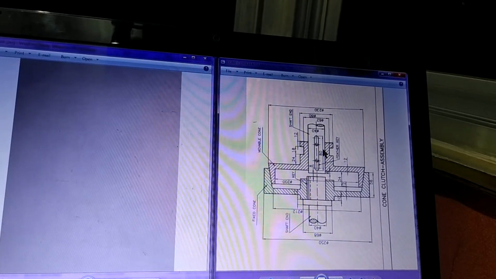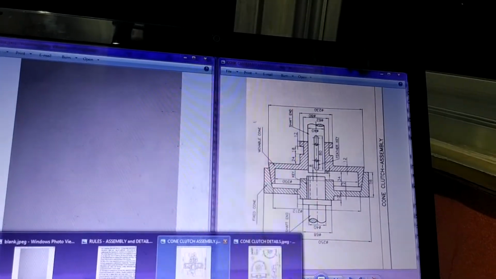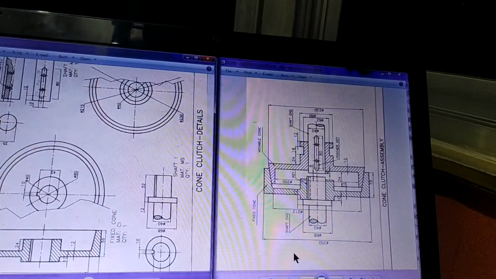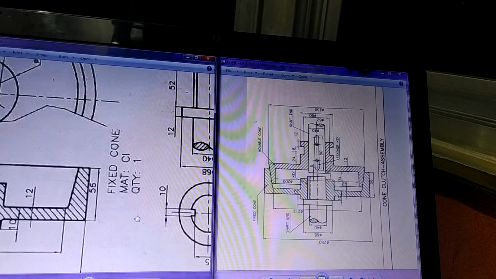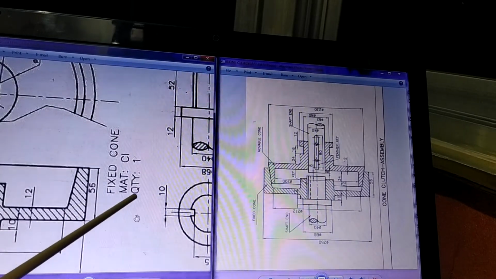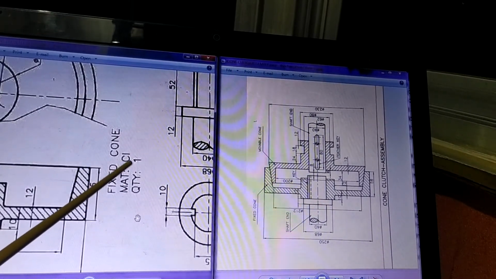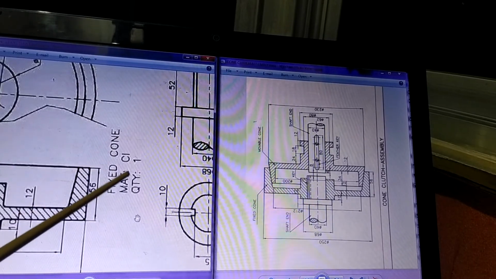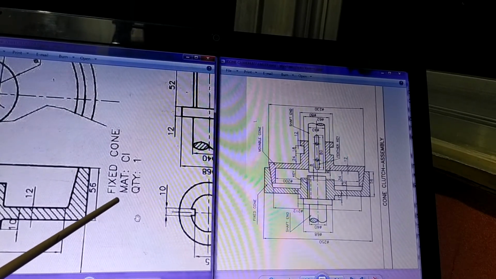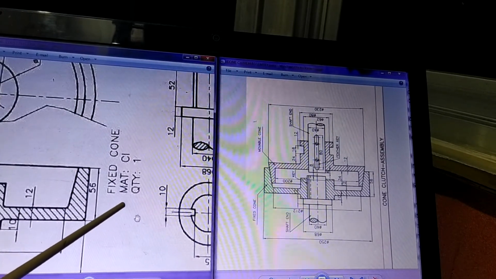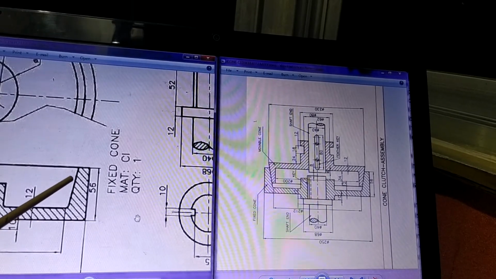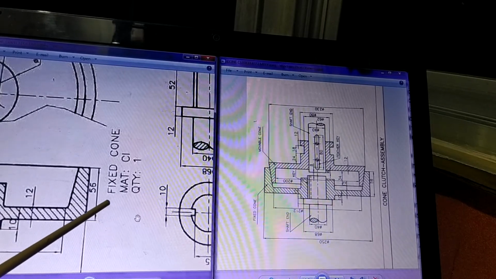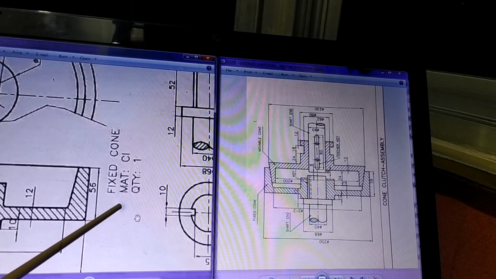Whatever we have seen in the details, I'll just bring the details back. If you see, this is a detailed drawing. This detailed drawing is mentioned by its quantity, by its material, by its name, and what is missing here is the part number. So one circle should be drawn, and inside the circle the number of the part should be written. Suppose this is part number 1, you draw one circle, and in the circle you write part number 1.